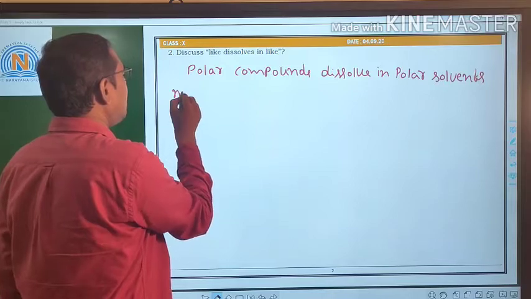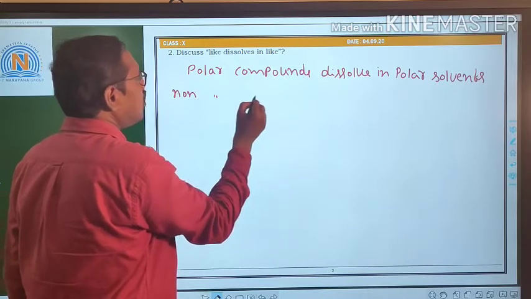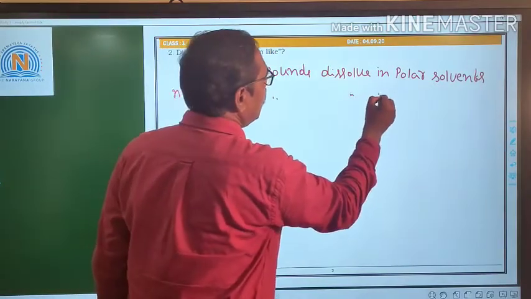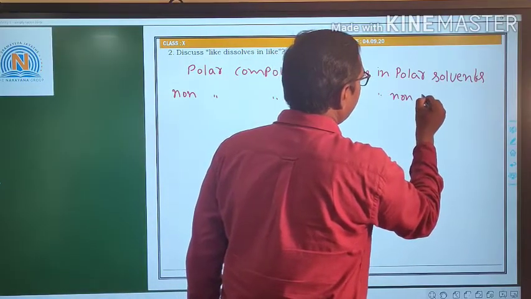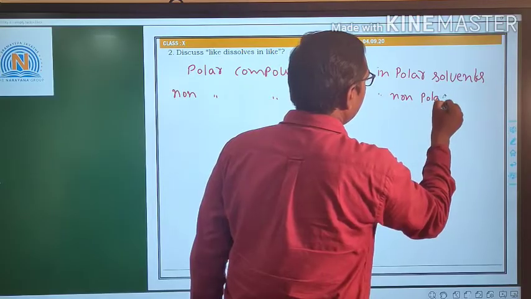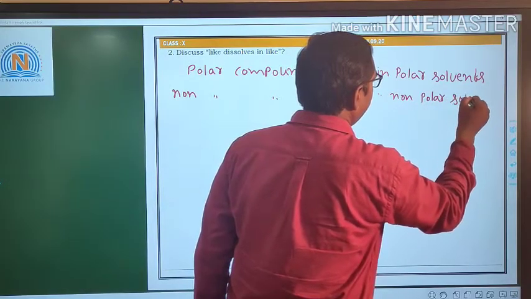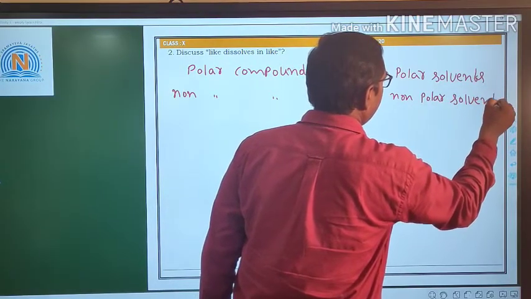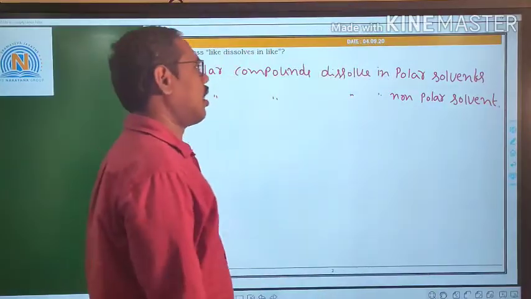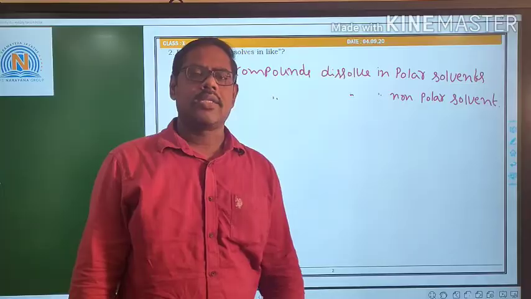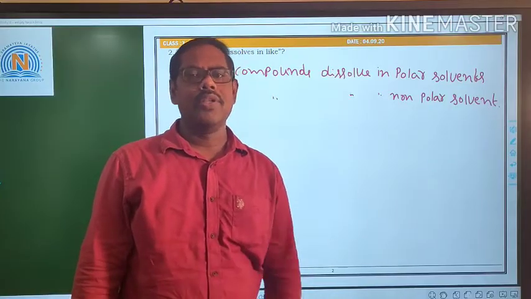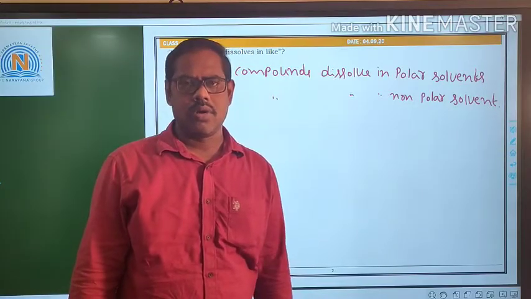Similarly, non-polar compounds dissolve in non-polar solvents. For example, sodium chloride in water. Next, naphthalene in benzene or kerosene, and so on.